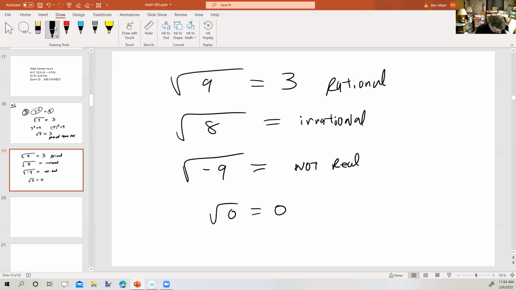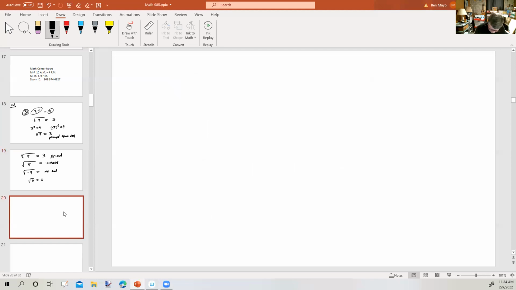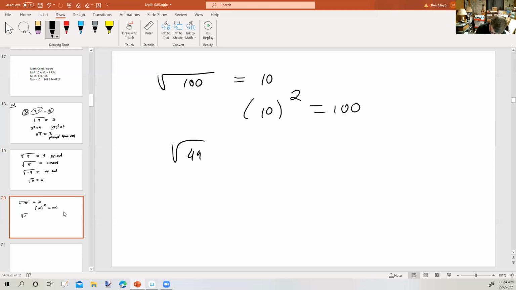Okay, so let's take a look at some more examples of that. Let's see, what is the square root of 100? Well, basically you're saying what number squared equals 100? Well, 10 squared equals 100, therefore the square root of 100 is 10. What about the square root of 49?